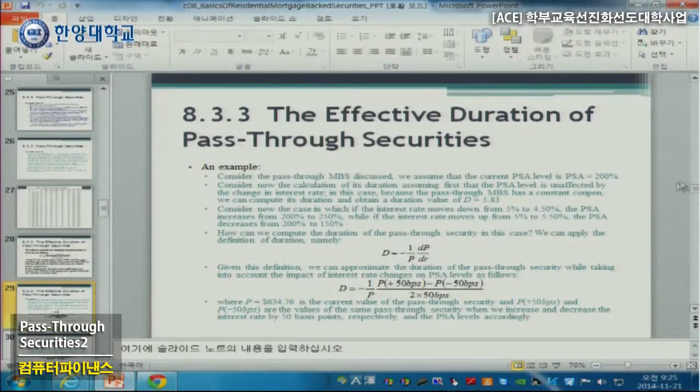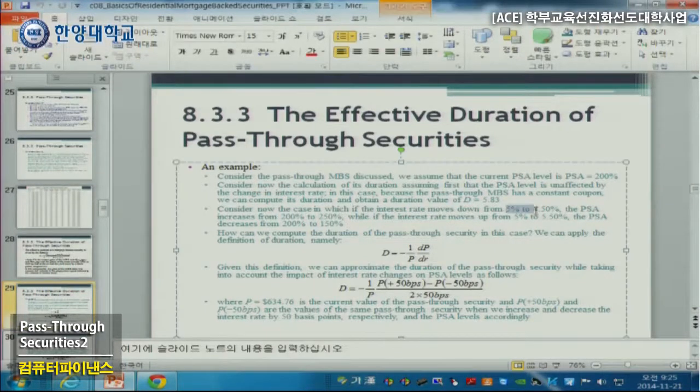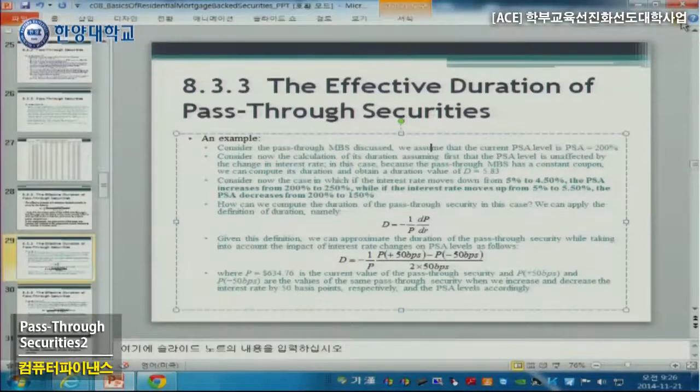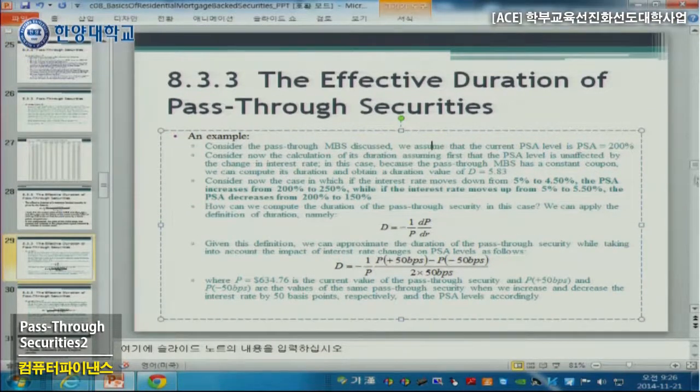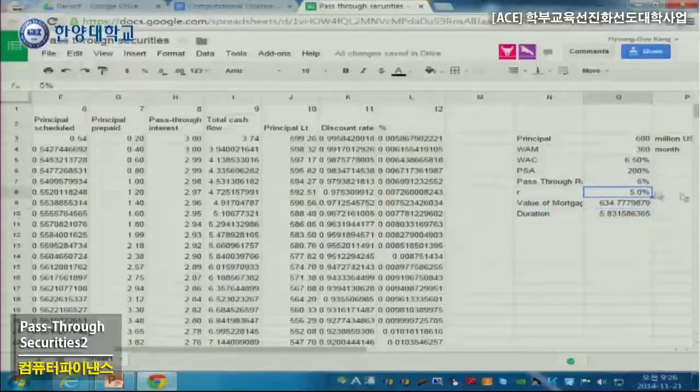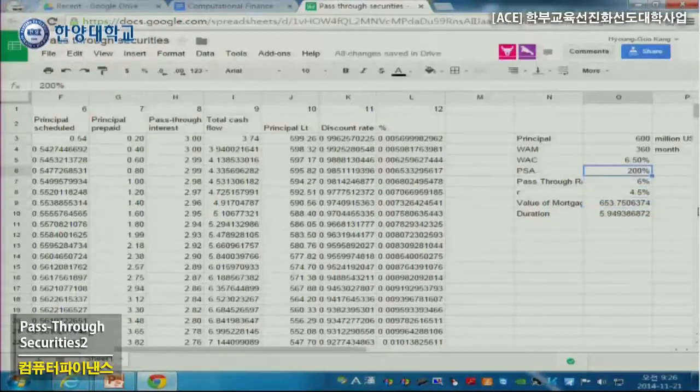Okay, that effect. So consider now the case in which interest rate moves from 5 to 4.5 and PSA increases to this one. So prepayment increases, so pass-through increases. Okay, so first interest went down to 4.5%, and pass-through increases to 50.